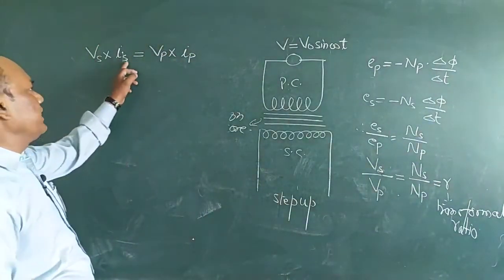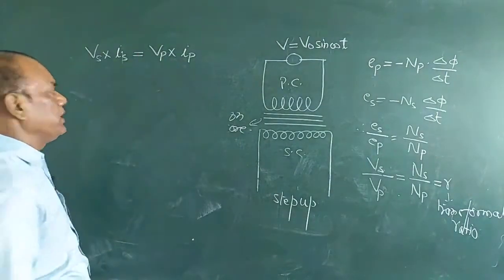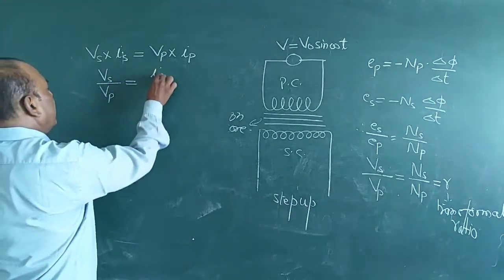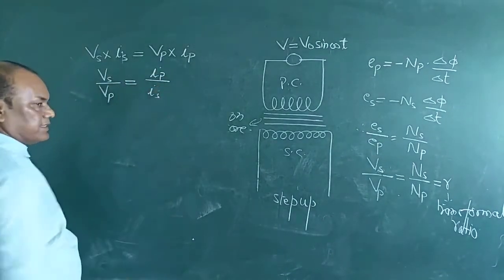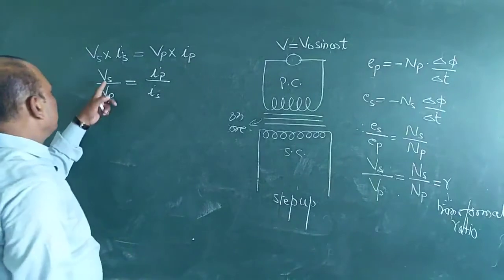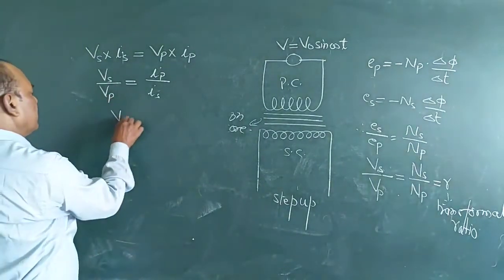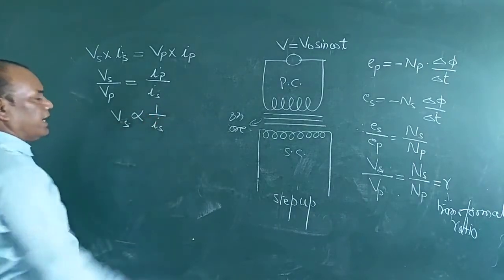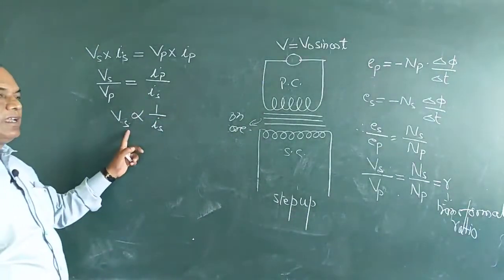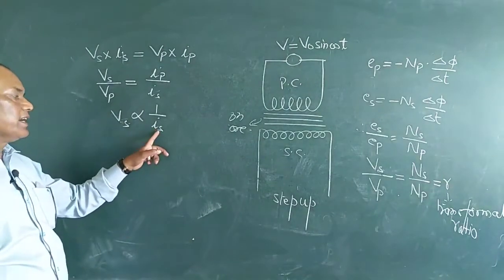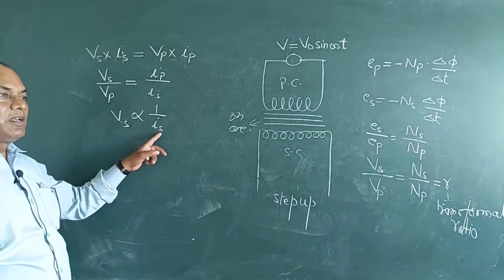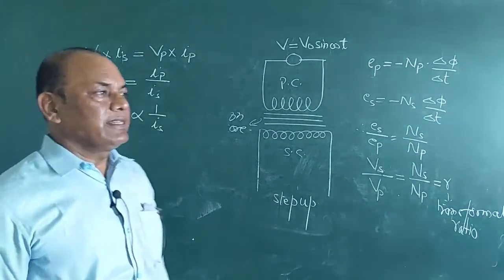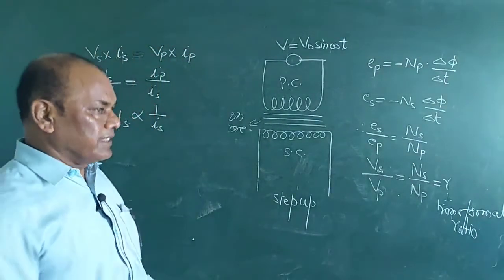So Vs into Is is equal to Vp into Ip. Therefore, Vs upon Vp is equal to Ip upon Is. Now here Vs is proportional to 1 by Is. So we can say if voltage increases, then current decreases, and the multiplication of voltage and current remains constant.